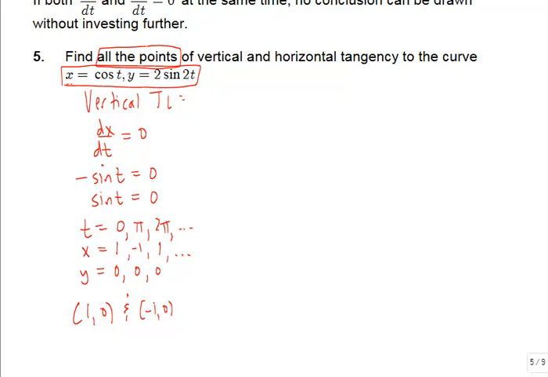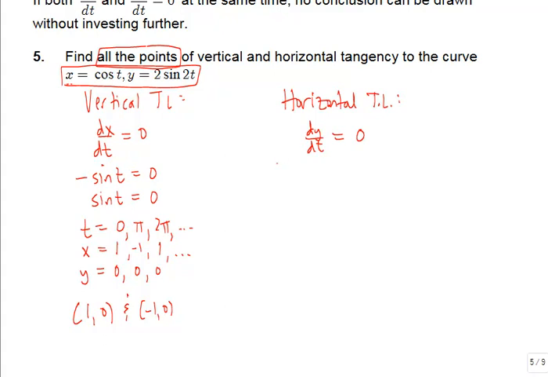What we want to make sure of is that none of these points also cause dy dt to be 0 at the same time. So let's go ahead and figure out where our horizontal tangent lines are going to occur. And that's going to happen when your dy dt, your numerator, is 0. So dy dt is going to be the derivative of 2 sine 2t.